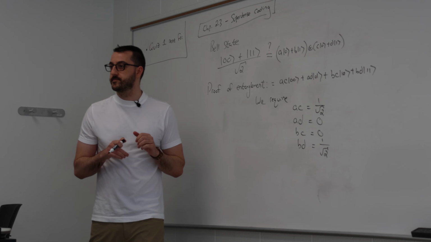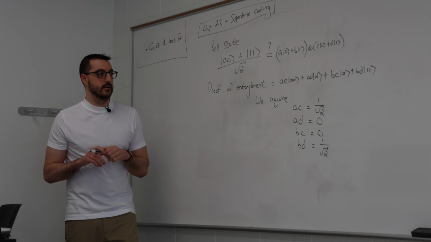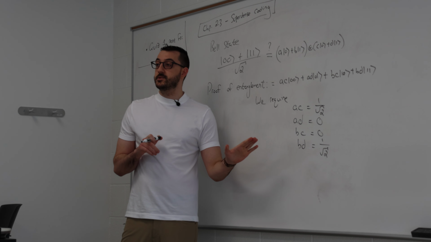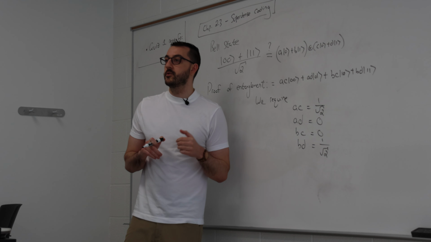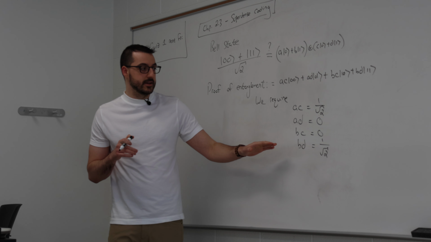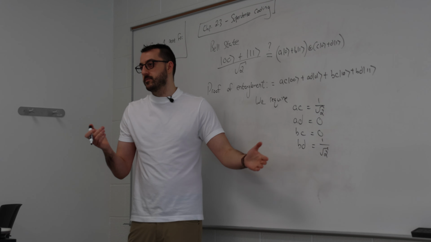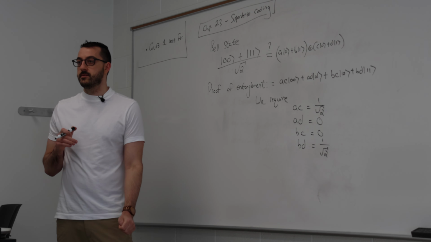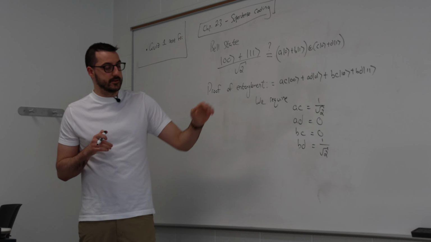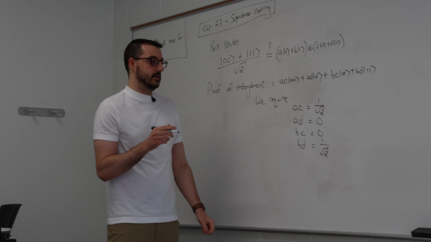Questions about this? This is a simple algebraic proof. We will build up some more sophisticated, so to speak, theoretical tools, which will give you another way to demonstrate this. But this is a completely valid proof, just examining the coefficients and using the definition of what we mean by entangled.